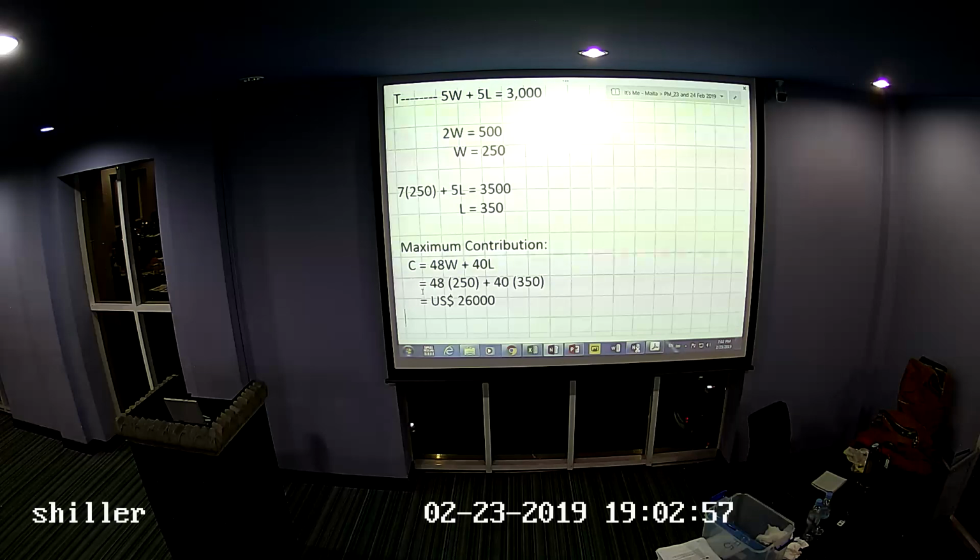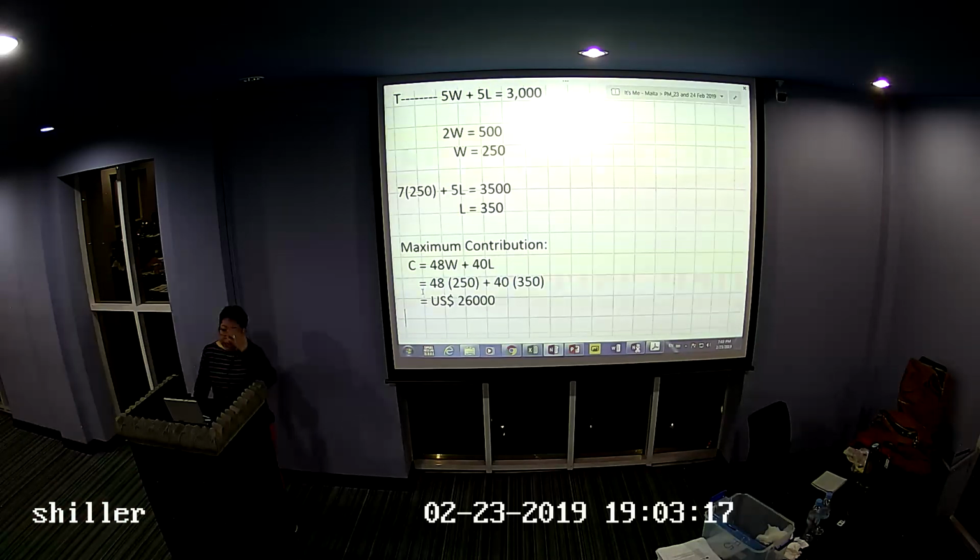Okay, so what you need to do is to put the W and the L, the 250 and the 350, in both equations, correct? If they are, what is the word? Binding, correct? Then what happens if they are binding? Oh, then you have to calculate the shadow price. One at a time.